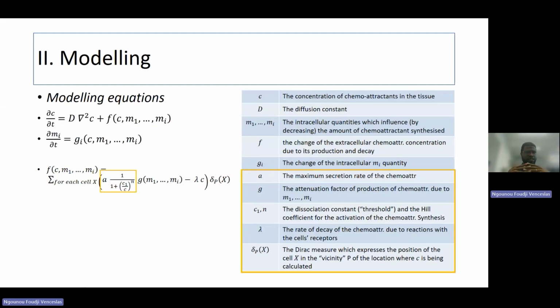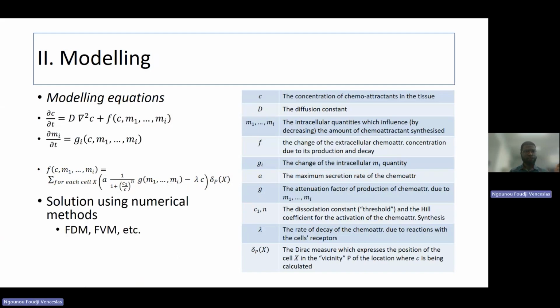And we can easily agree that for large values of n, C1 represents the threshold for the production of the chemoattractant. The second factor here, G, represents simply the attenuation factor of the production of the chemoattractant.